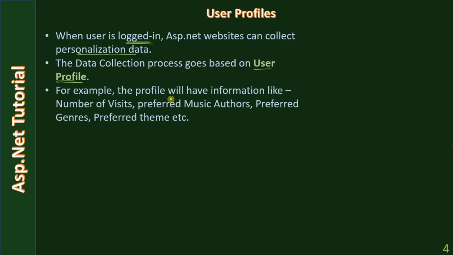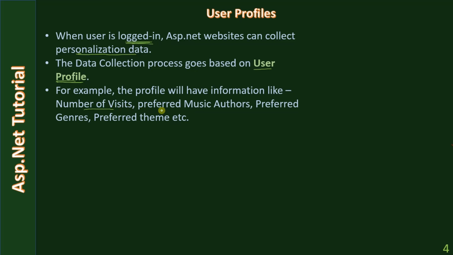For example, the profile will have information like number of visits, how many times the user visited the website. So this will tell how frequently the user is coming to your site. Then preferred music authors. So here we are talking about a music CD purchasing website, right? In the previous video also we talked about it, and so we took the same example.